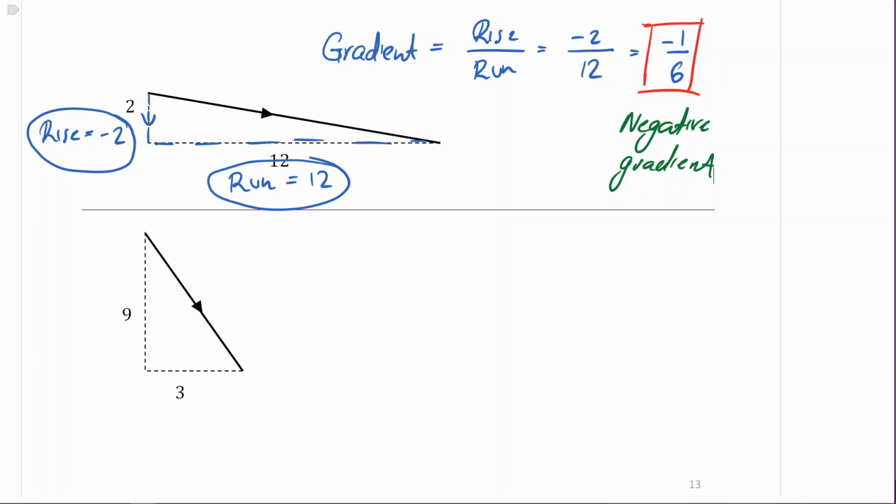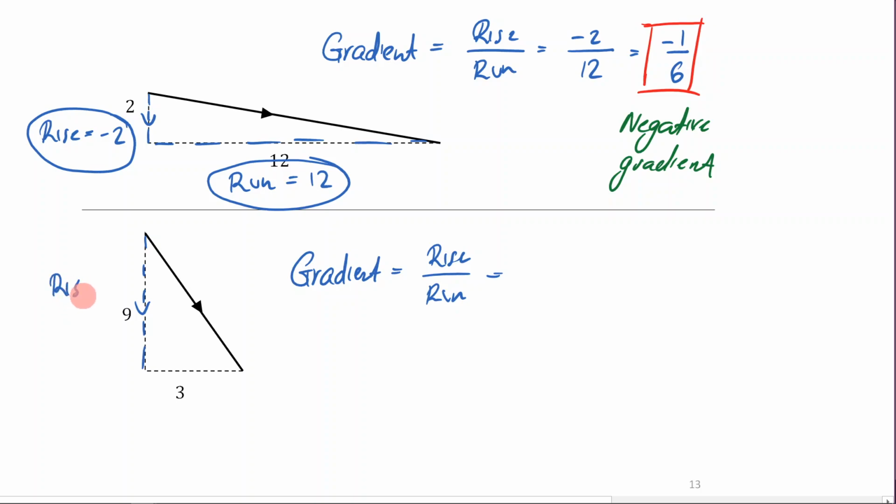What about this one? My gradient is my rise over run. My rise this time is going down by 9. My run is 3. -9 on 3 is -3.